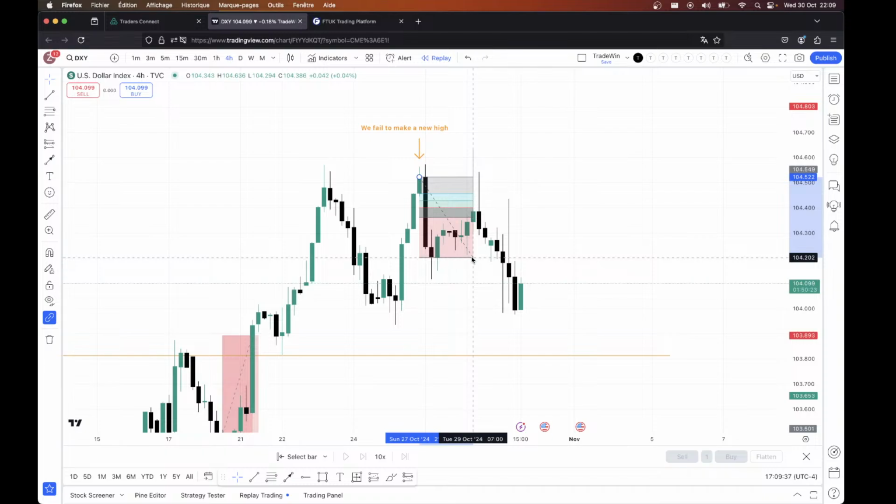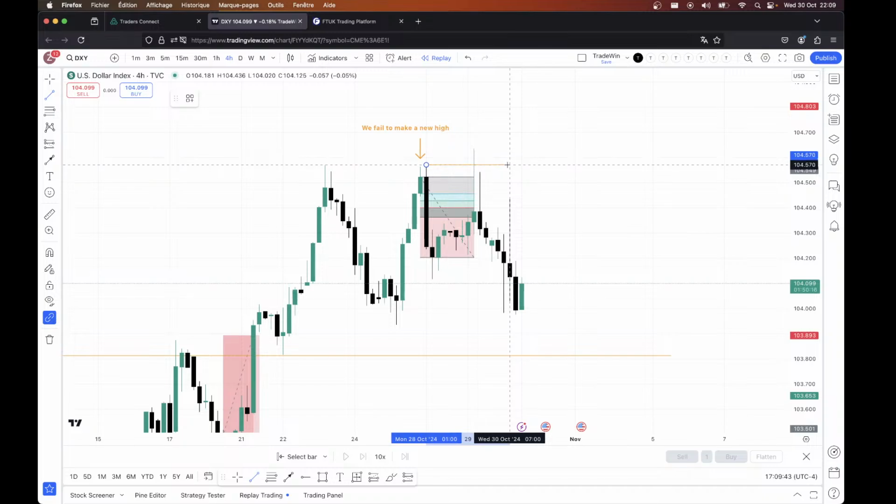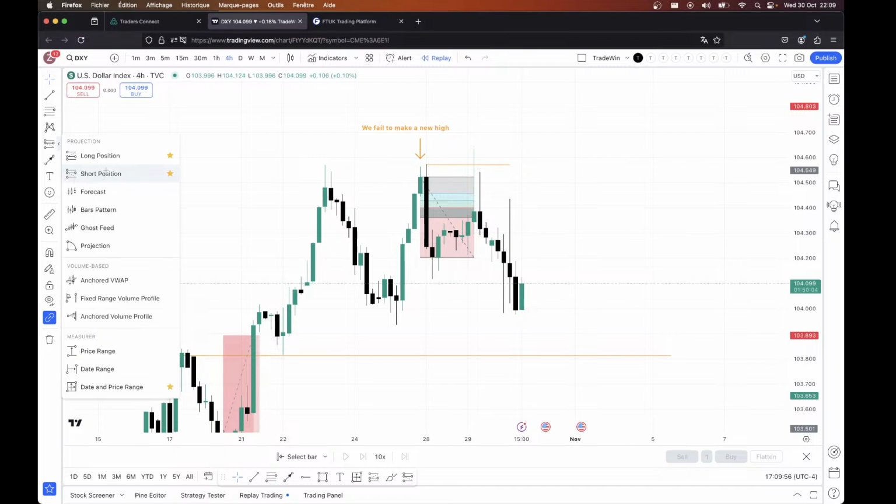Whoa, what's happening here? Massive candle up. We take the highs, and we close below the OTE zone. That's for me a strong rejection. Really strong rejection.